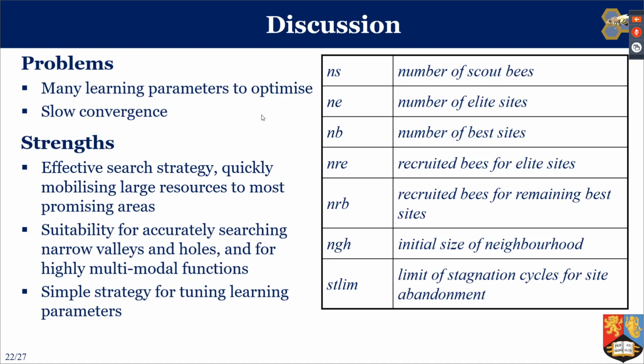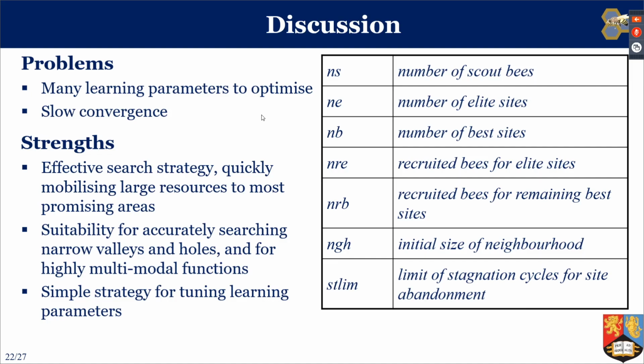So the algorithm can find them and locate quickly, or reasonably quickly, the deepest points in those landscapes. And then, despite the fact that there are many parameters, these parameters are actually quite simple to tune. So it's not too difficult to use the bees algorithm. In fact, it's very simple. If you know how to use it, it's extremely simple.